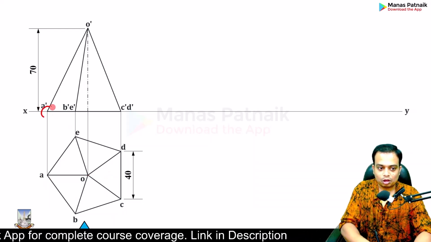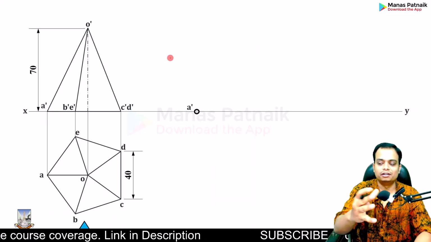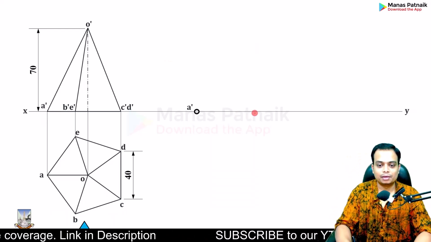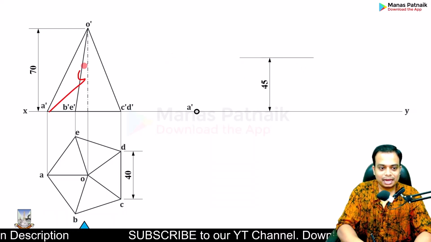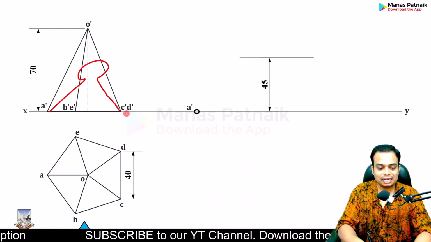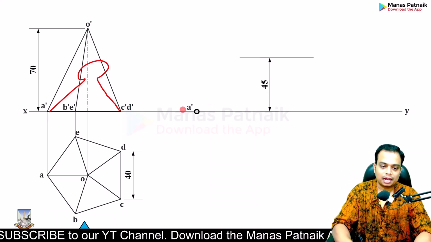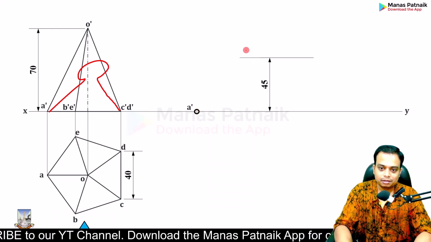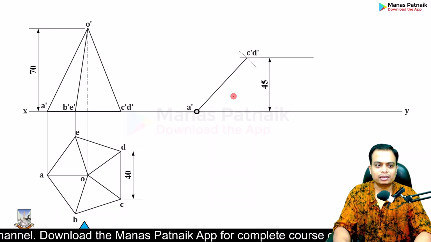So let me first of all lock this A dash over here, and then at a certain height, let me make what certain height? 45 millimeter height. Let me make a construction line. Now with A dash and this much as the radius in your compass, and with A dash as the center, you need to cut an arc, and that is going to give you C dash D dash. Join the line. Do it quickly.